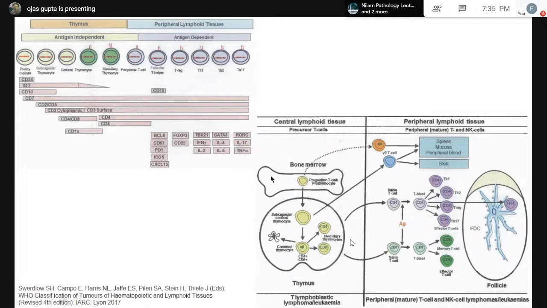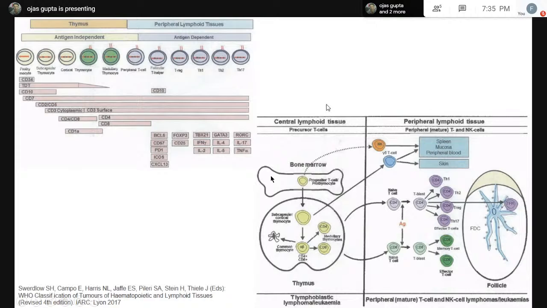The T cells which are mainly present in the periphery are either naive CD4 positive T cells or helper T cells, which will transform into helper 1, helper 2, T follicular helper T cells, T regulatory T cells, or TH17 T cells. And cytotoxic T cells, that is CD8 positive, will transform into memory T cells or effector T cells.